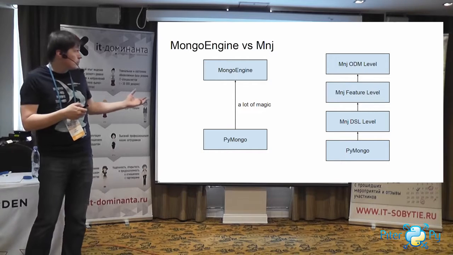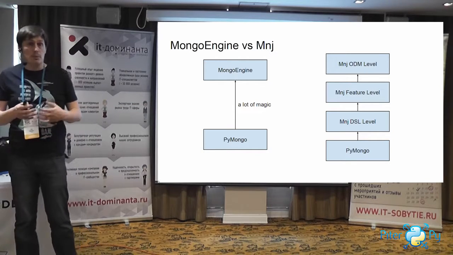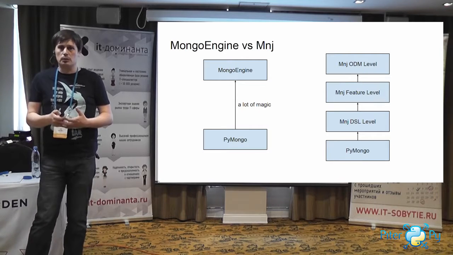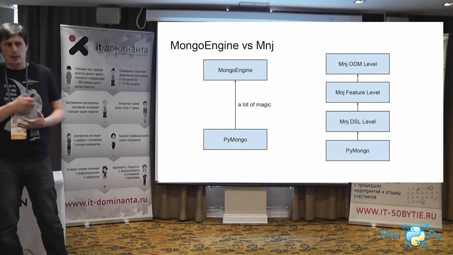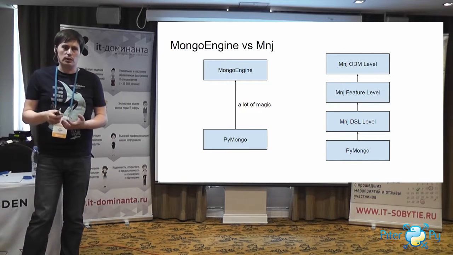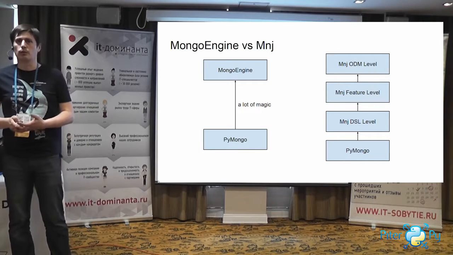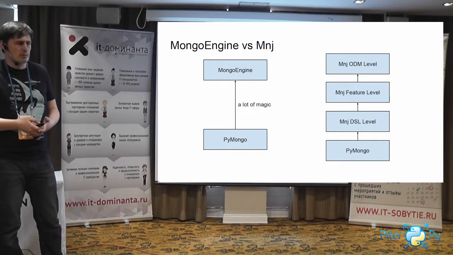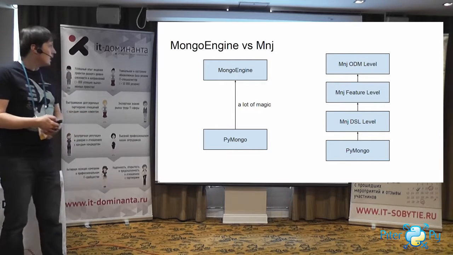But if you want to use the ODM, all the queries are compatible with the DSL, with PyMongo, and so on. Personally, I don't like the idea of using Django-like syntax for MongoDB. It's just irrational for me.